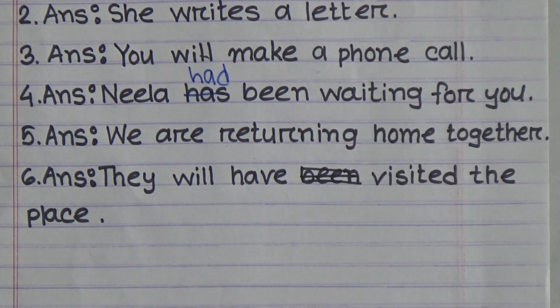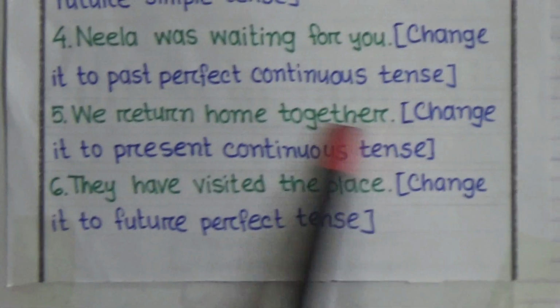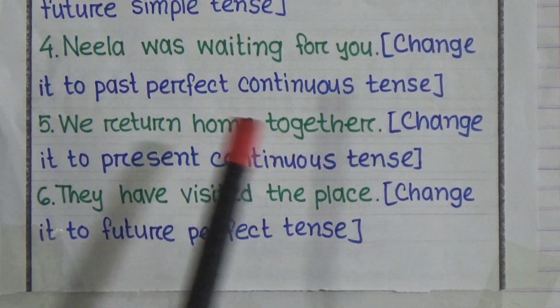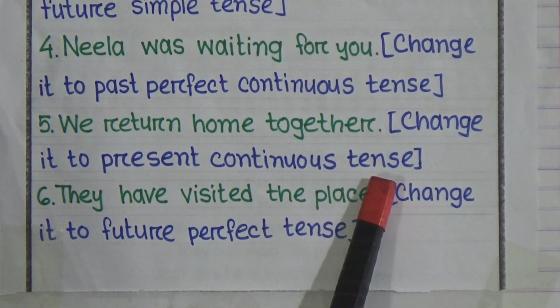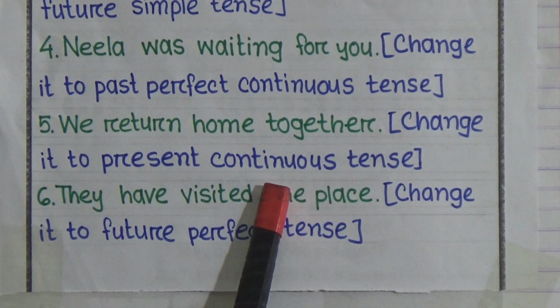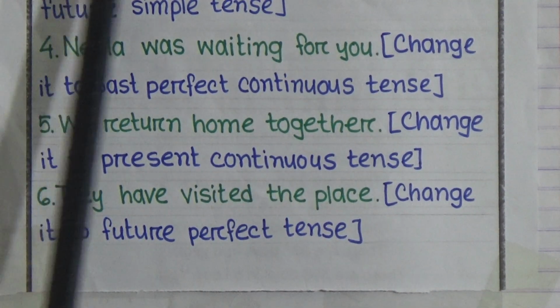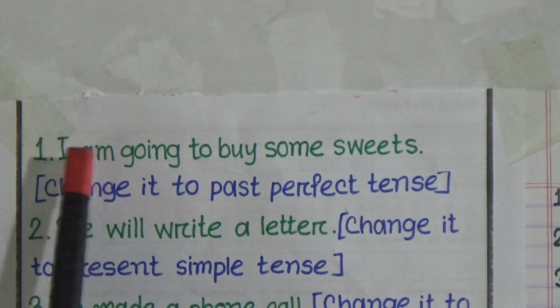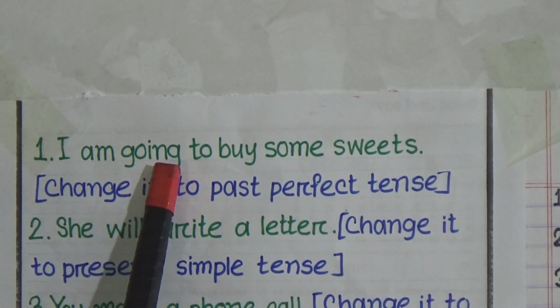Number 5, we return home together. This is simple present tense and we have to change it to present continuous tense. So look here, in first number, I am going to buy some sweets. Here we can see am going. This is the indication of present continuous tense.